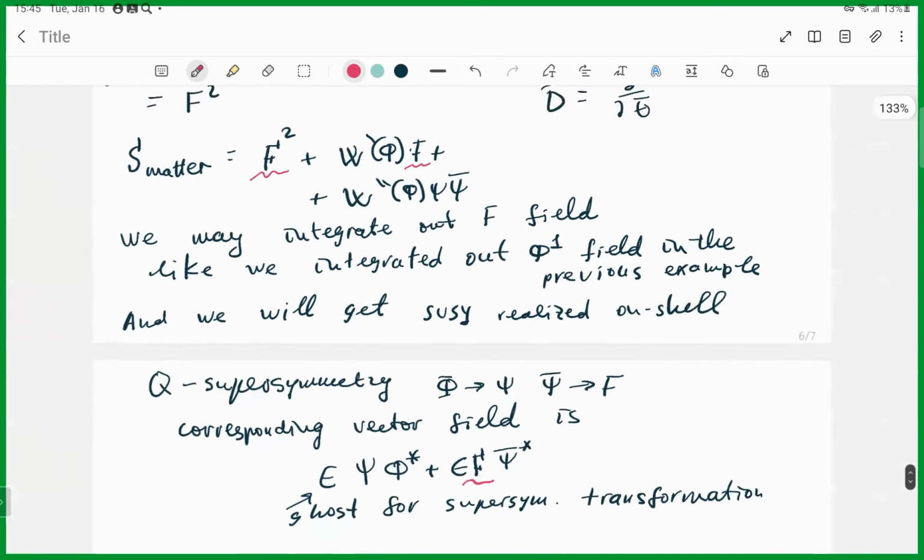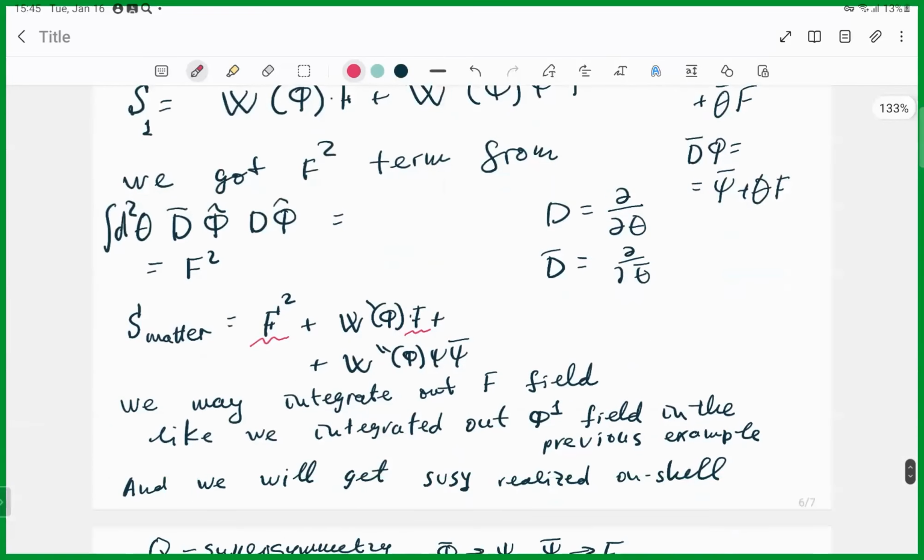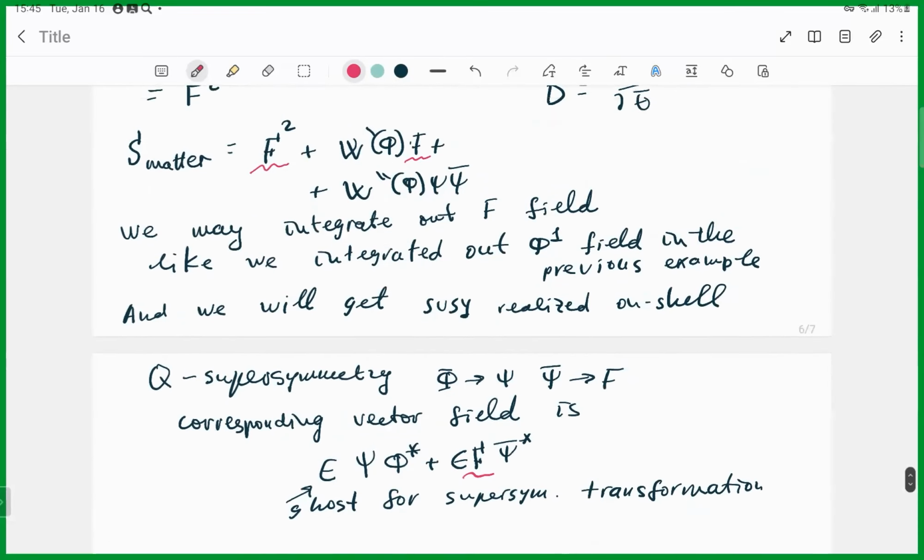So this is a toy model showing how on-shell realization of supersymmetry happens in real physical theory.